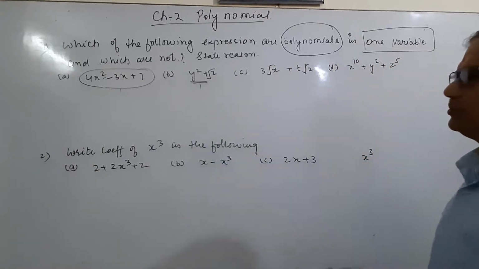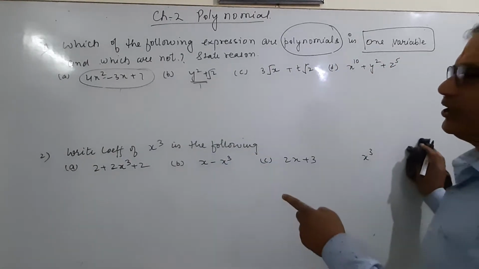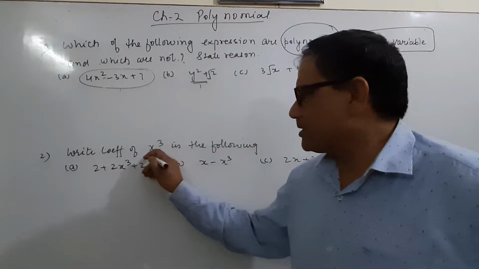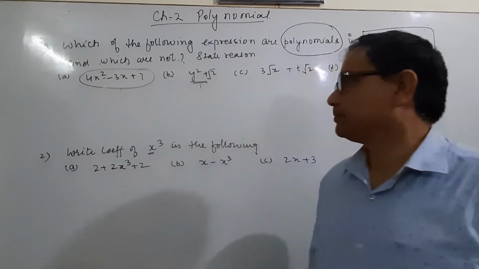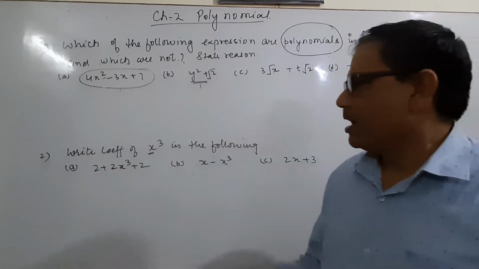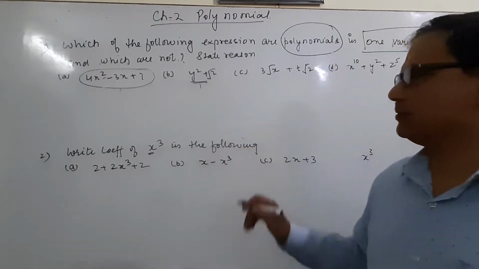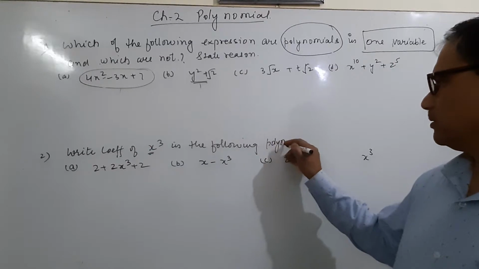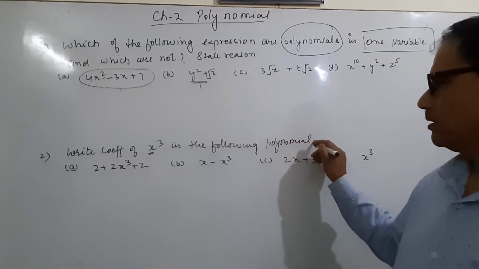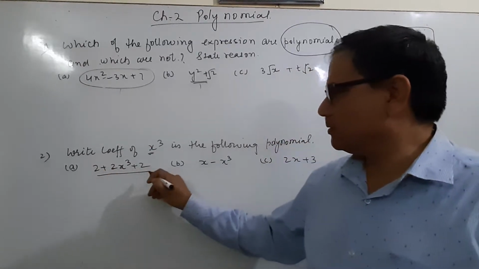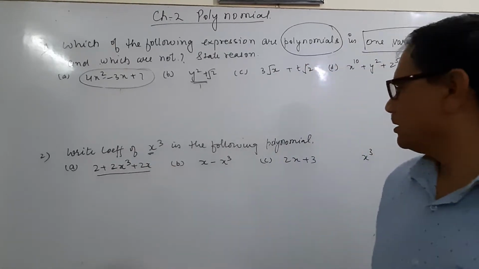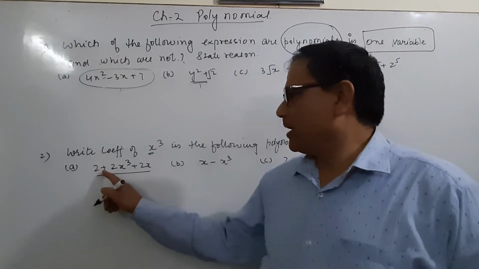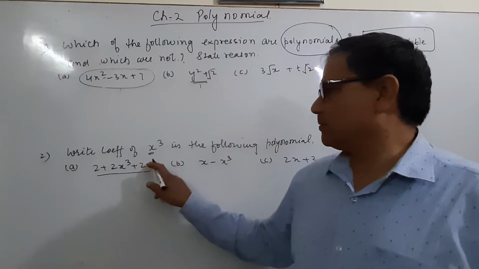Now move to the third part. Find the coefficient of x cube in the following polynomials. First, 2 plus 2x cube plus 2x.